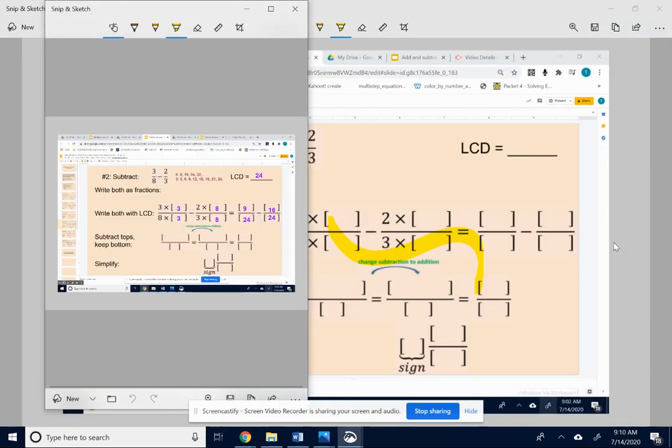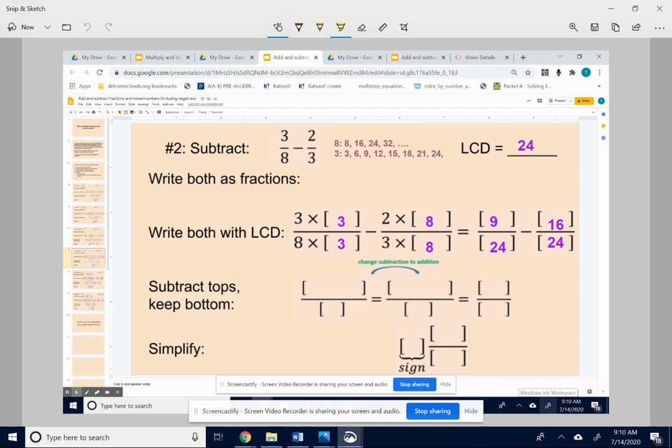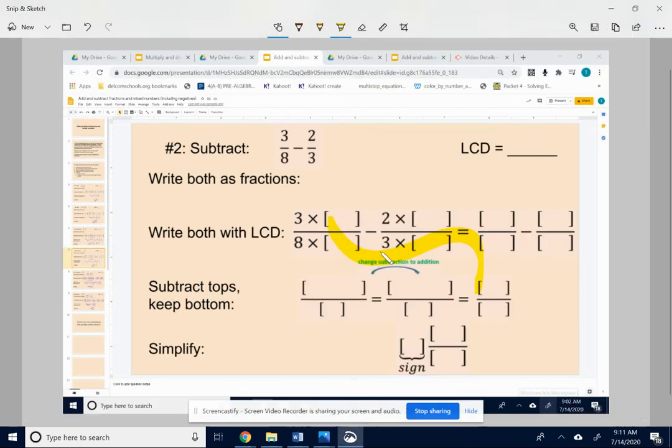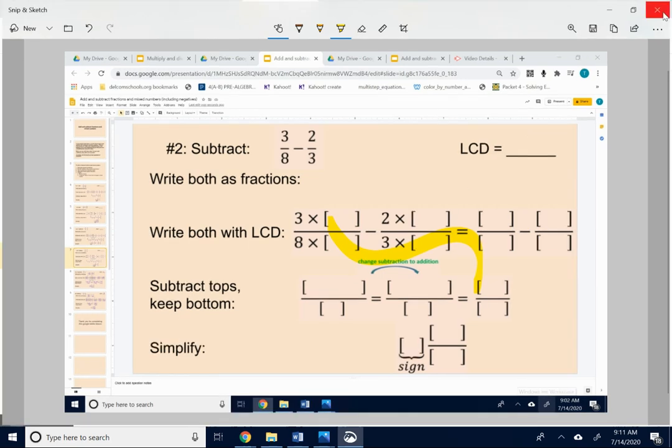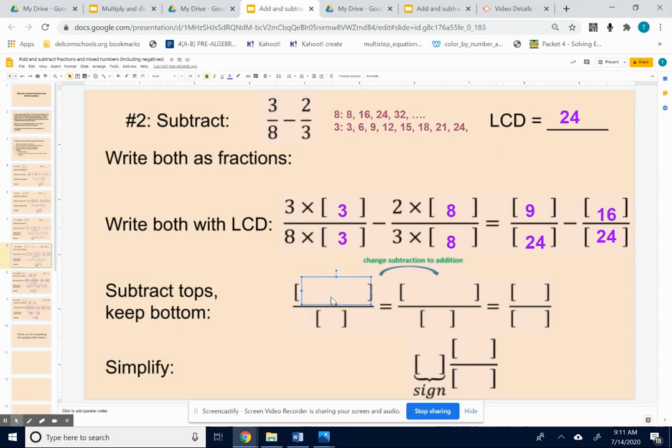When you write the subtraction problem, you should be looking at 9 minus 16 over 24. So I'm going to type in 9 minus 16 over 24.